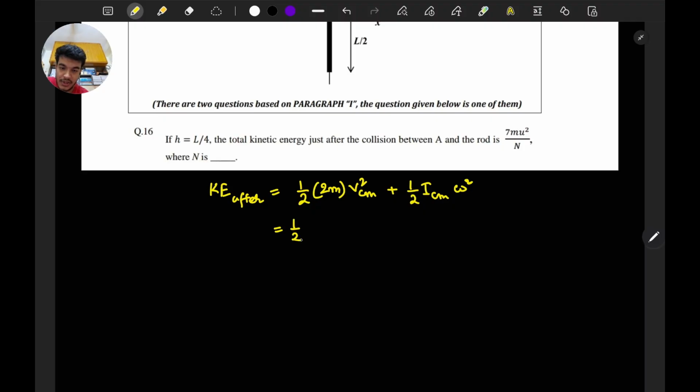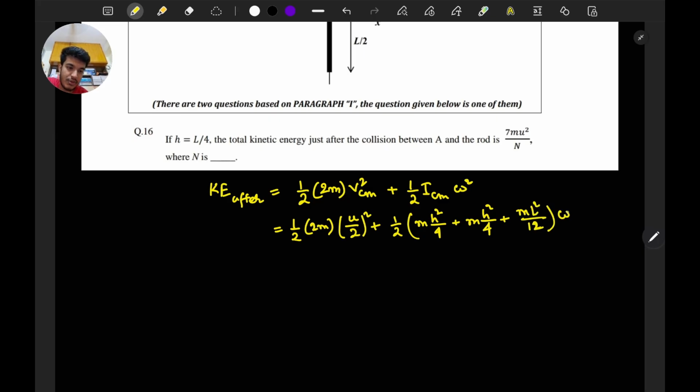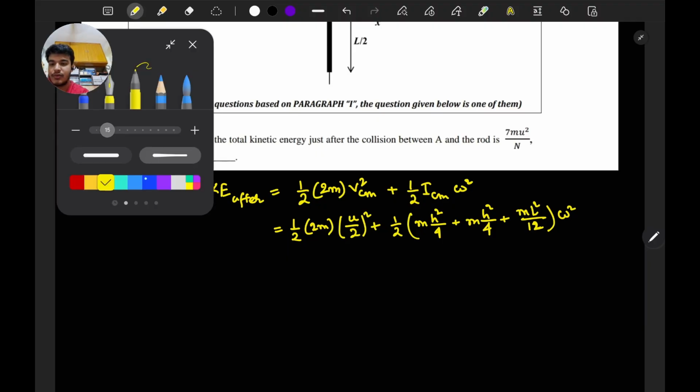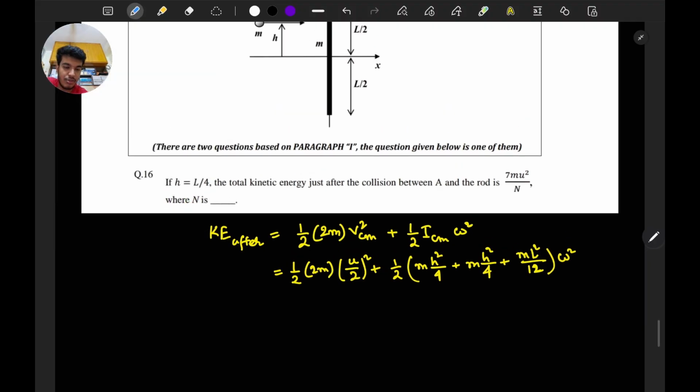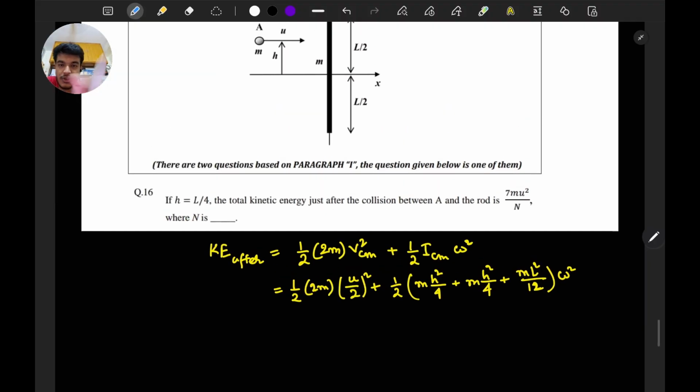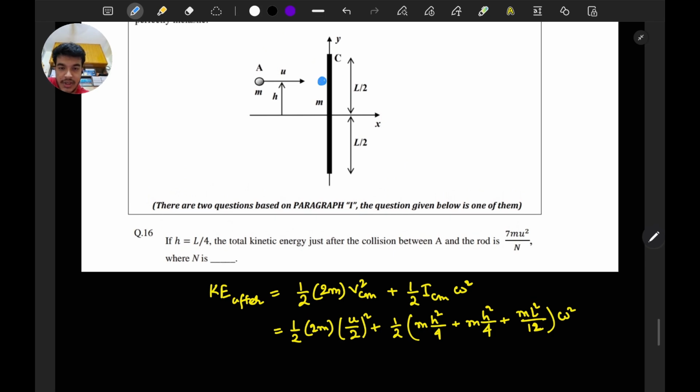So let us do it. Half 2m times (u by 2) square, plus half moment of inertia, which is m h^2/4, similar to the way we wrote before, plus ml^2/12, into omega square. If you want to know how we are writing the moment of inertia, it is because m has collided here and the center of mass is here.